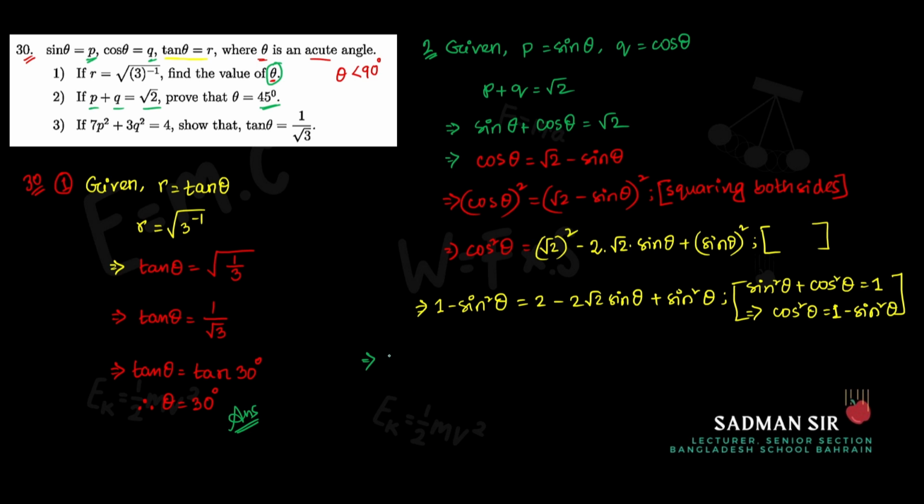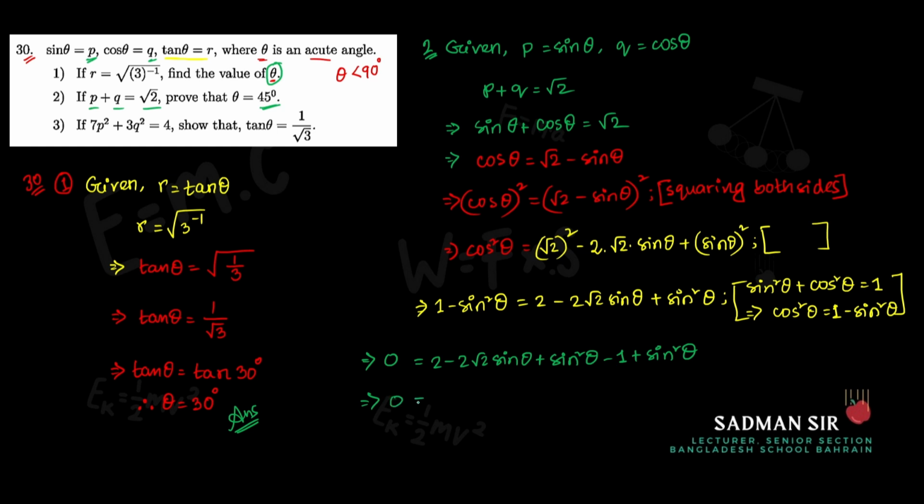So if I change the side, left hand side, let us say we make it 0 and shift everything from the left hand side to the right hand side. So 2 minus 2 root 2 sin theta plus sin square theta. This is what is already on the right hand side. Now if I shift this plus 1, it will become minus 1, and this minus sin square theta will become plus sin square theta because we changed the side.